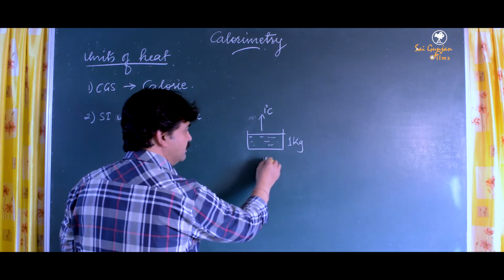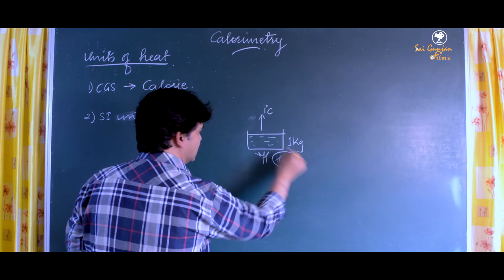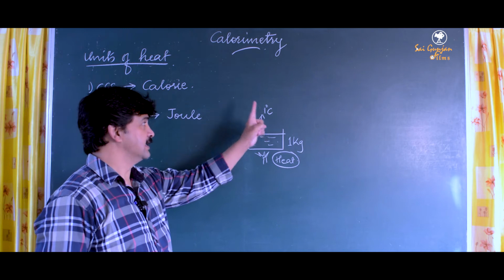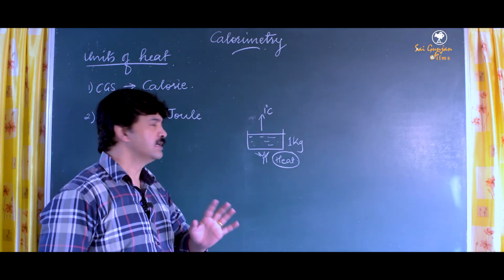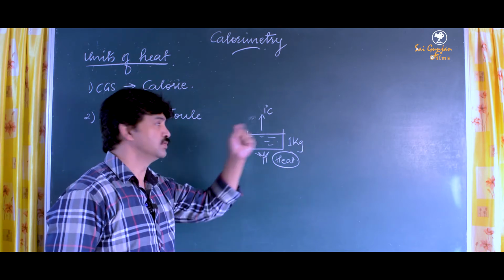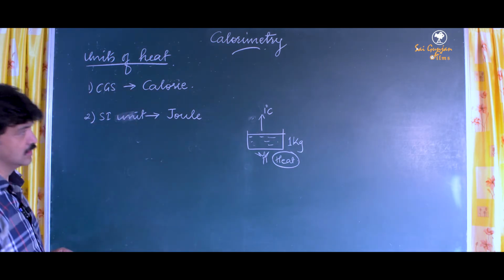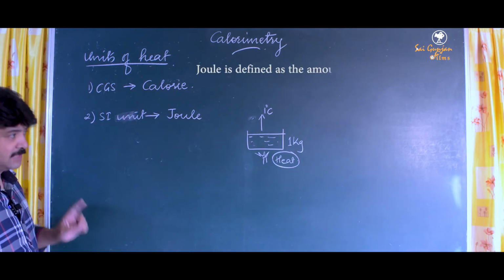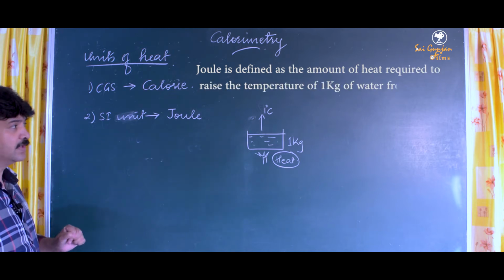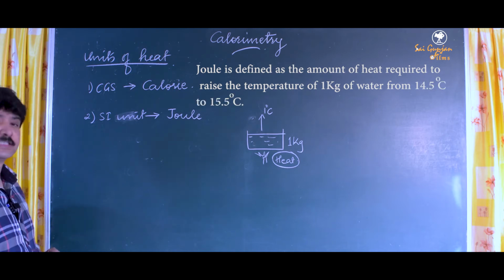Whatever heat is needed in this case is known as joule. As I said earlier, this 1 degree Celsius is not any 1 degree rise in temperature, it is from 14.5 to 15.5. So that's why we define joule as the amount of heat required to raise the temperature of 1 kg of water from 14.5 degrees Celsius to 15.5 degrees Celsius.